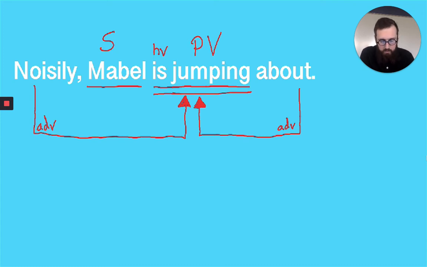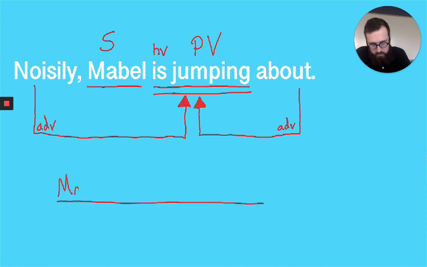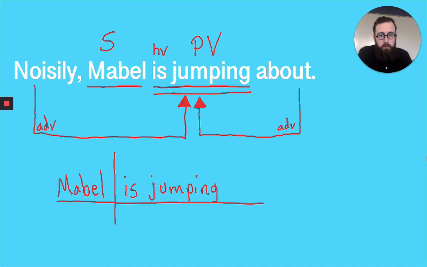Okay, now I'm going to go ahead and diagram this sentence. Draw my baseline. I'm going to write my subject, Mabel. Draw my vertical line. Is jumping. Now I go through and do my modifiers.